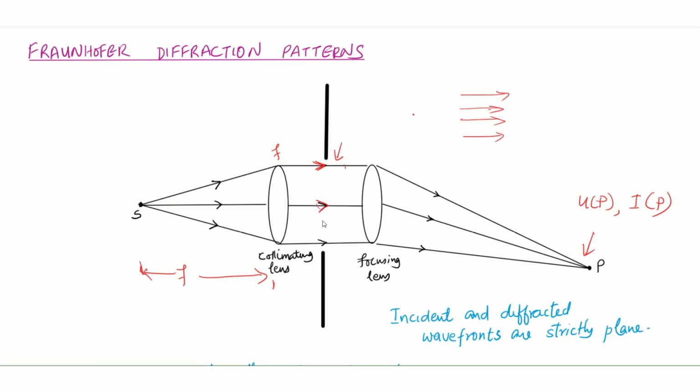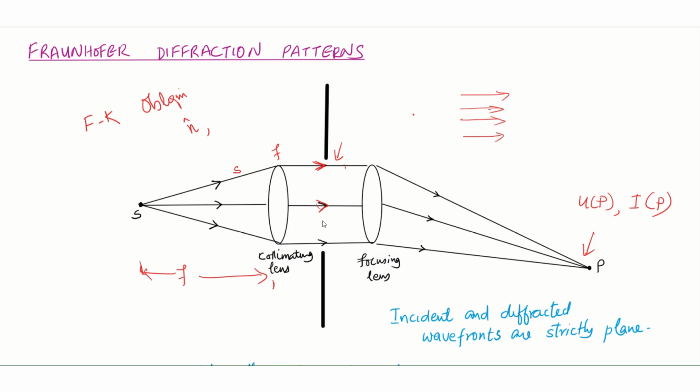Or in other words, when you consider the Fresnel-Kirchhoff formula, we had something called an obliquity factor that depends on the angle between the normal to the surface and the vector here.